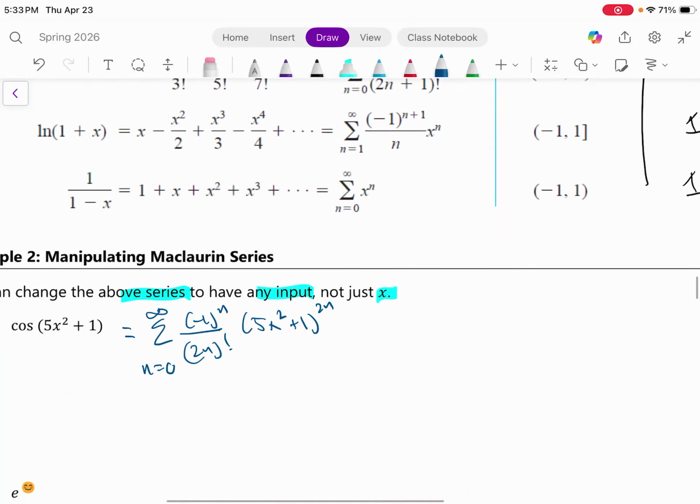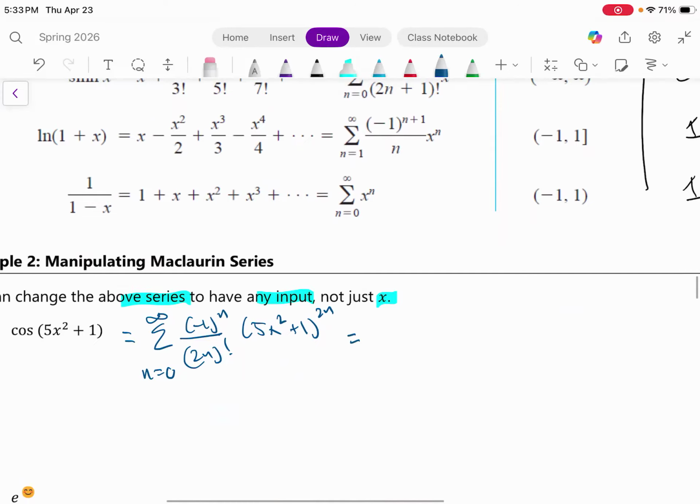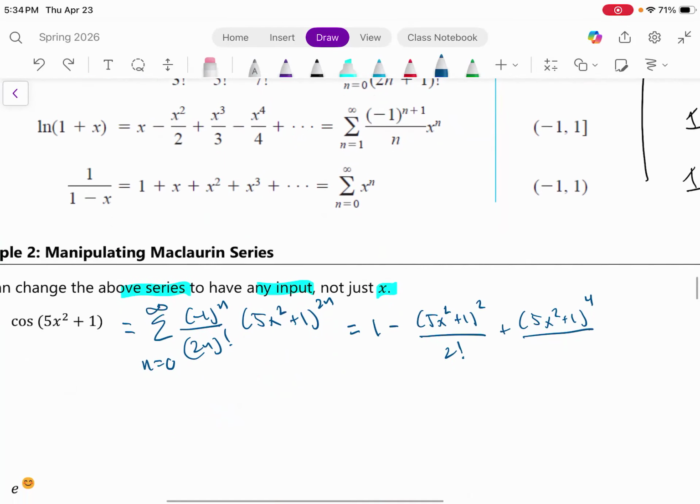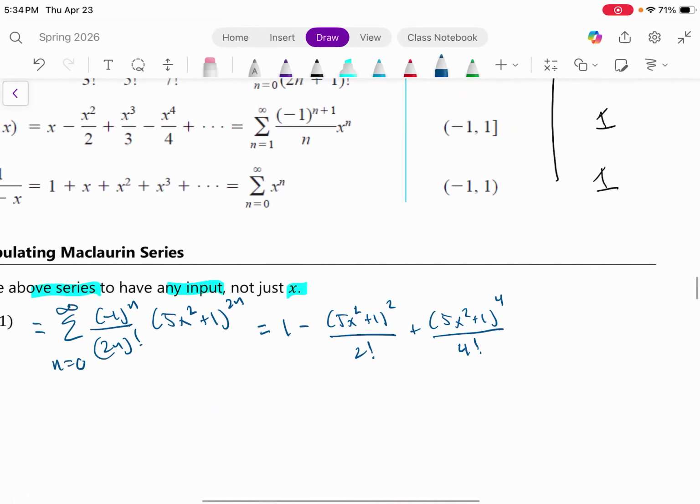If I wanted to write out a couple terms of this, like why not, I'm just going to plug in n equals 0, n equals 1, n equals 2, n equals 3, etc. So this would be 1 minus (5x squared plus 1) squared over 2 factorial, plus (5x squared plus 1) to the fourth over 4 factorial, minus (5x squared plus 1) to the sixth over 6 factorial, plus dot dot dot.